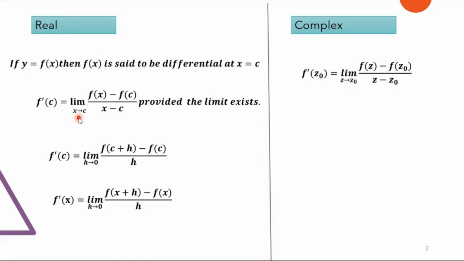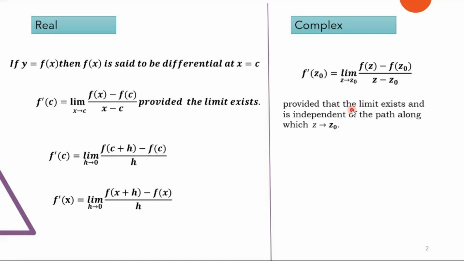In real हमारे पास खाली एक ही axis था, real axis. But when you have complex, z can tend to z naught along any curve. Okay? कोई भी curve से अगर z tends to z naught, मतलब z can move from z to z naught along any curve. Okay, the value of this limit has to be the same. It should be independent of the path. That is why we have this condition. The limit exists and is independent of the path along which z tends to z naught.